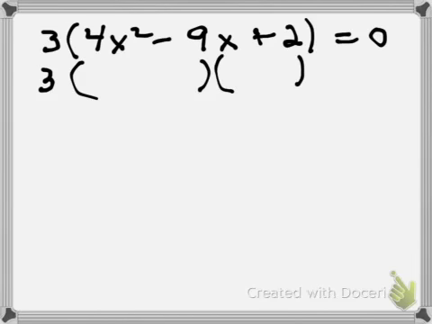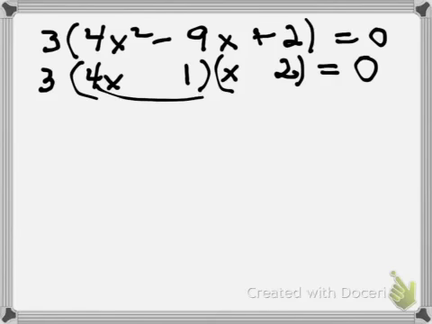So we're going to get the factors of 4 and the factors of 2 that are going to give us a middle term of a negative 9x. So you can do trial and error here, but we're going to have 4x times x, and I'm going to have 2 times 1 because I want an 8 and a 1 to give me 9. If I make both of them negative, I get a negative 9x, and a negative times a negative is a positive 2.